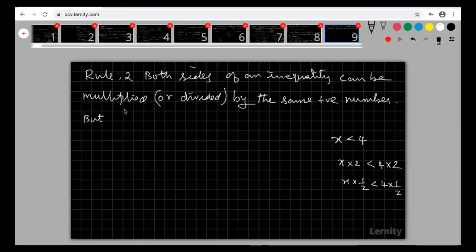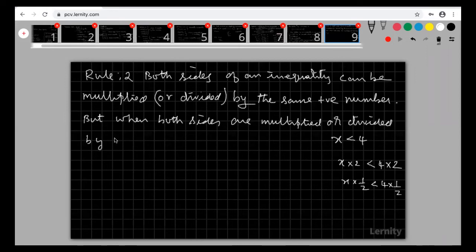But when both sides are multiplied or divided by a negative number, then the sign of the inequality changes.